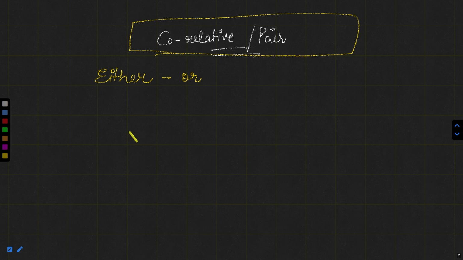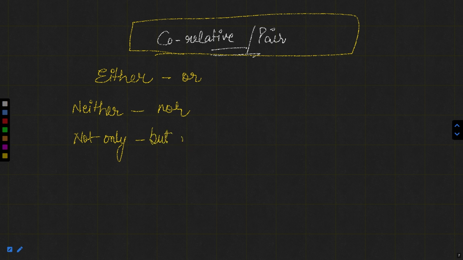Only these two will be used together. We cannot use any other with this word. Either we use or, with neither we use nor. Also, we are going to discuss these words in later sessions. Either or, neither nor, not only can be paired with but also, and there are many words.